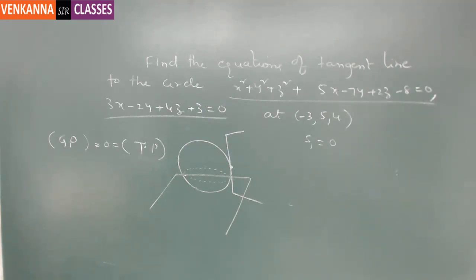By representing it by means of two planes. One plane is in the problem itself. The other plane is nothing but the tangent plane which you will calculate at the point. So in this model, we calculate the tangent line.